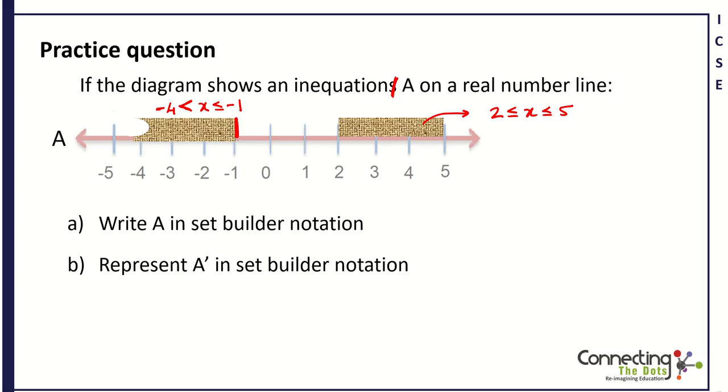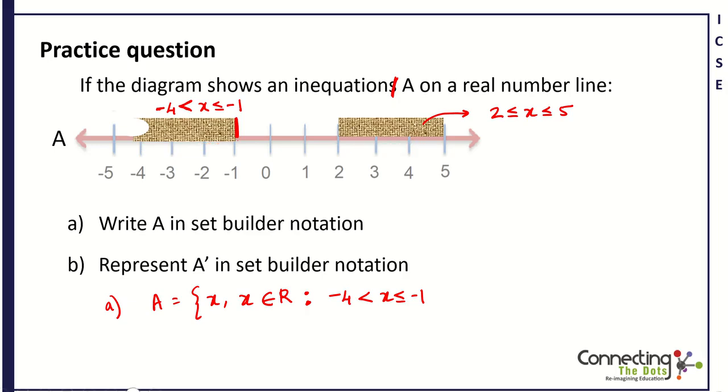So how do we write this in set builder notation? We can say that A is a set of all real numbers, because everything between these numbers is included, such that it has to be between -4 less than x less than or equal to -1, or it can be in this part of the graph, right?